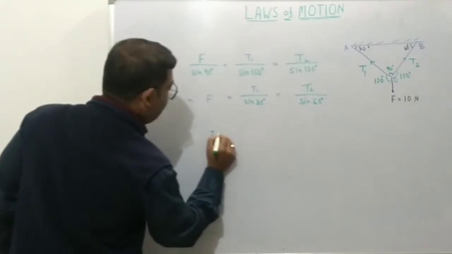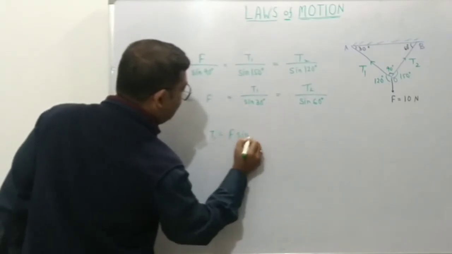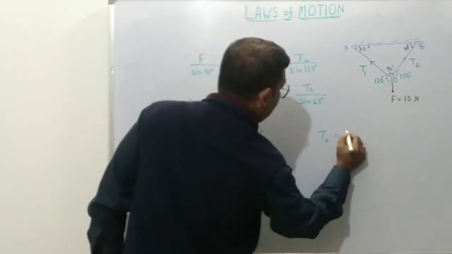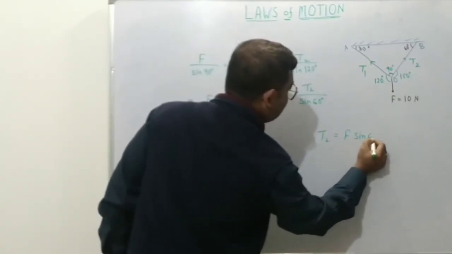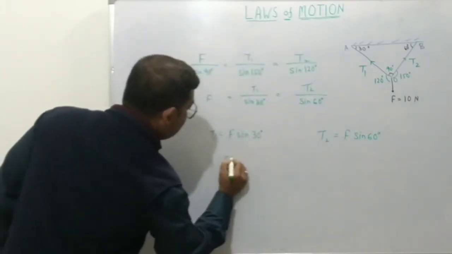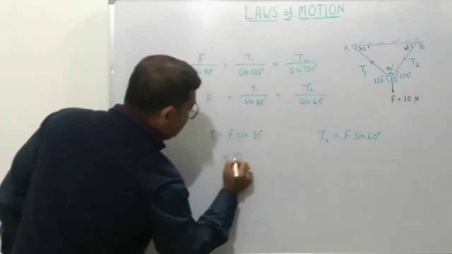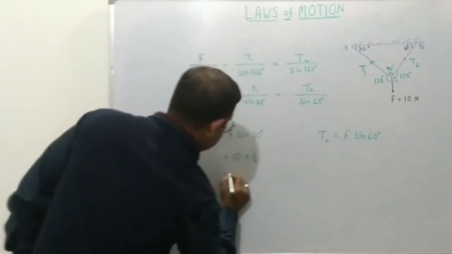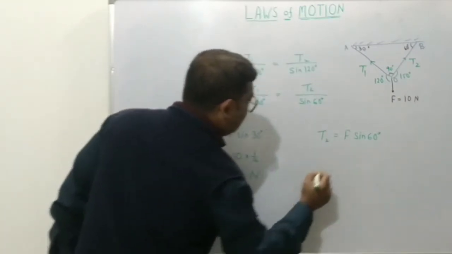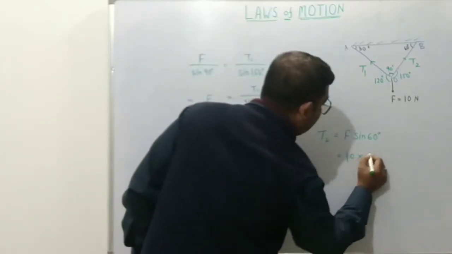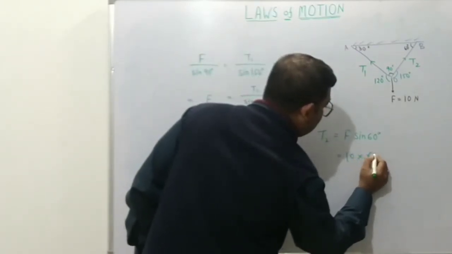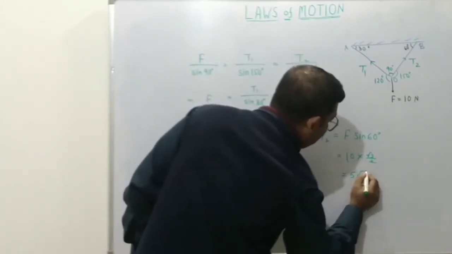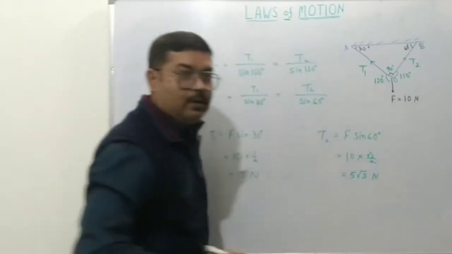Therefore, T1 equals F sine 30 degrees and T2 equals F sine 60 degrees. F is given to be 10 Newton, sine 30 is half, so T1 is 5 Newton, and T2 is 10 into root 3 by 2, which is 5 root 3 Newton.